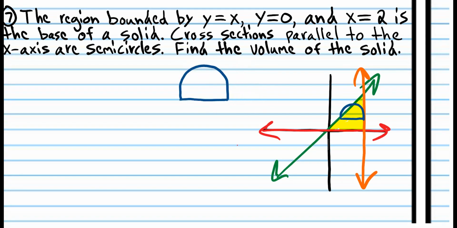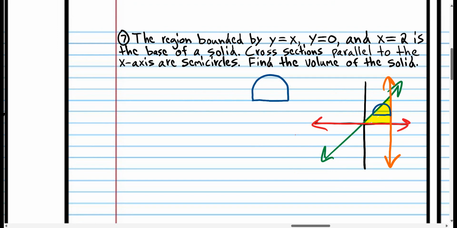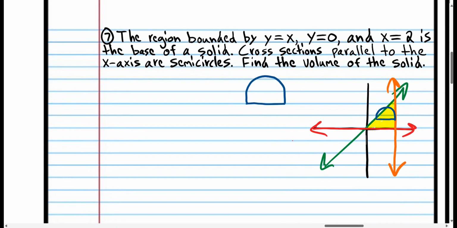So we need to add up the cross section areas, or put the cross section areas in an integral. So area of a circle is pi r squared, but we're finding the area of semicircles, so it's going to be 1/2 pi r squared. And because the cross sections are parallel to the x-axis, we're going to use a dy integral. So our integral is going to be written in terms of y.